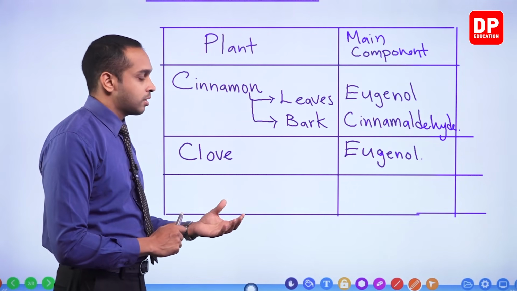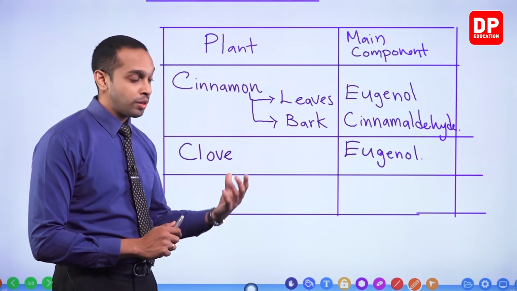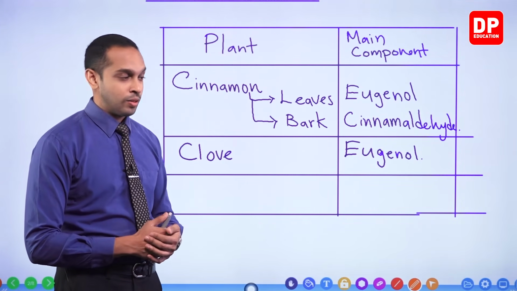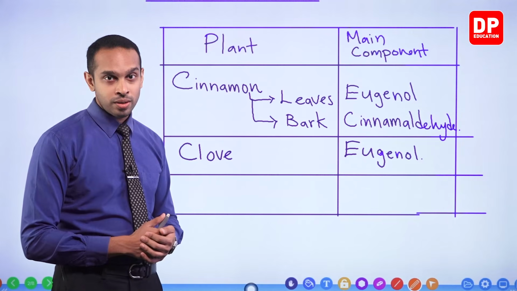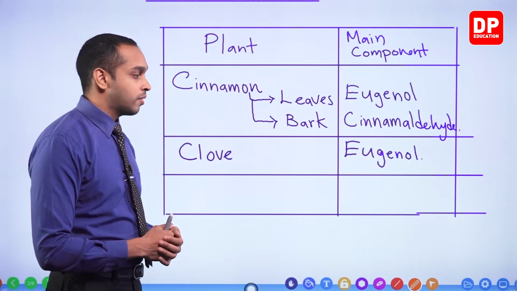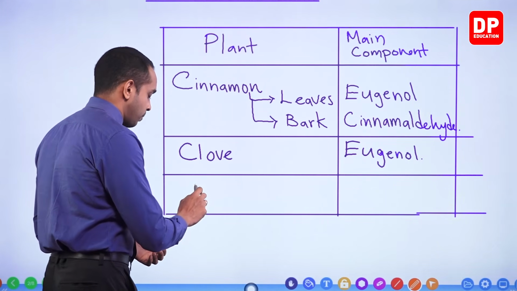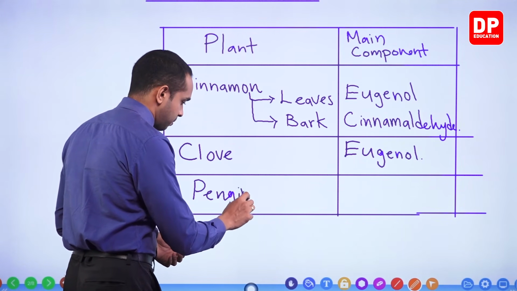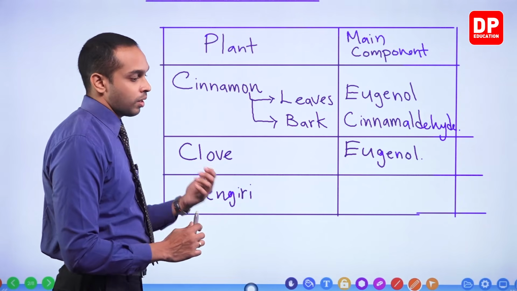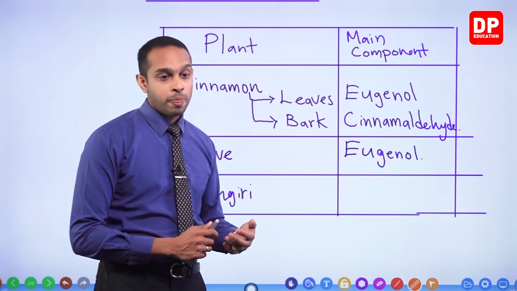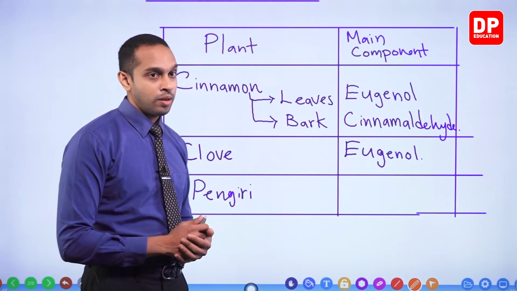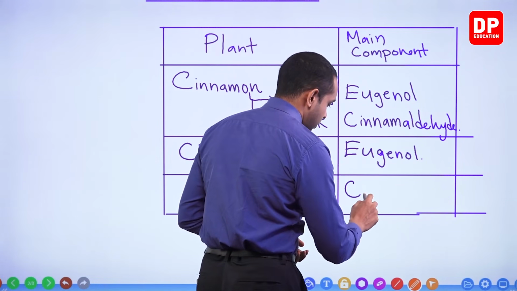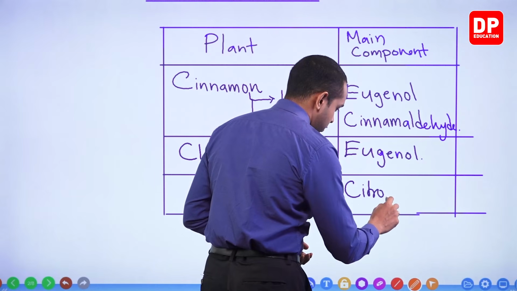These plants can be used to extract citronella oil, and in citronella oil you have the main component citronellal.